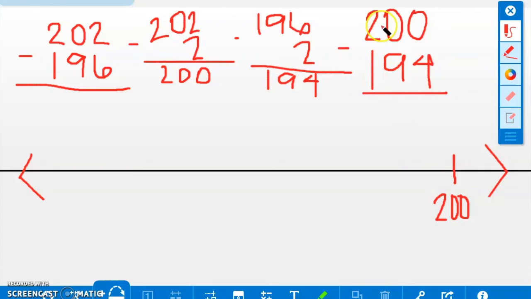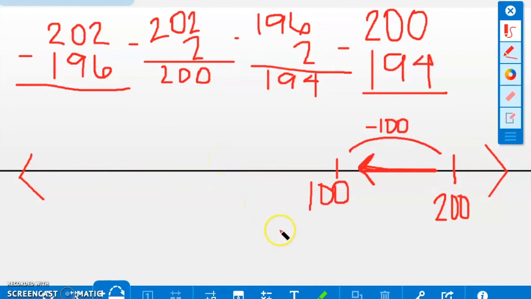So you could take 100 away from 200 and do minus 100 to get a tick, and it would be 100. And you would draw a line with an arrow so you know that you're subtracting down the number line.